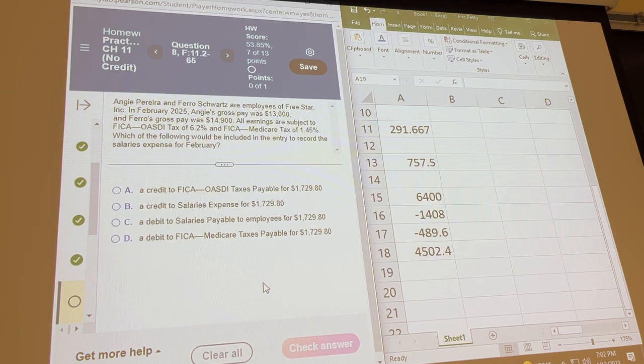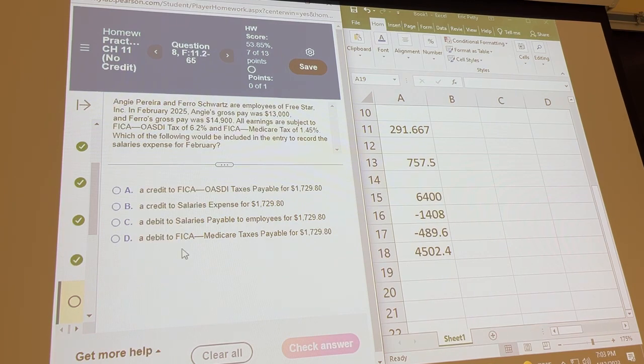Okay, these two people are employees of Freestar Inc. Which of the following would be included in the entry to record the salaries expense for February? Well, the only debit would be to salaries expense.